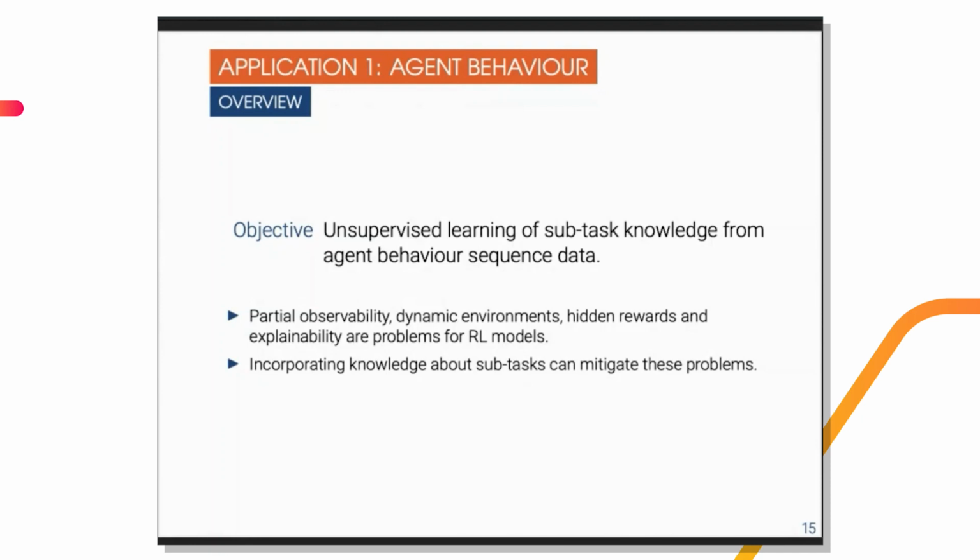So what we want to do is see if we can learn in an unsupervised way from human demonstrations subtask knowledge that could be used by agents to solve related problems.